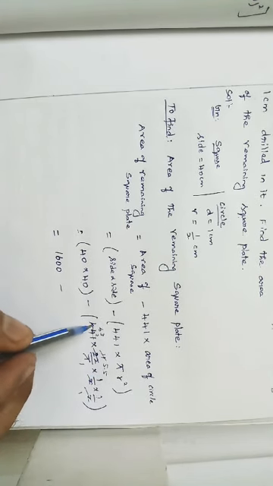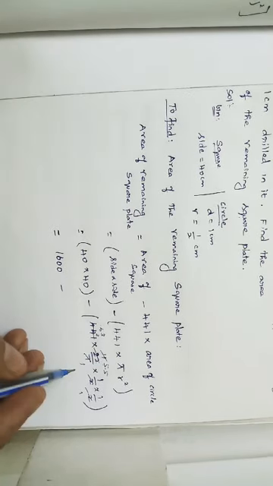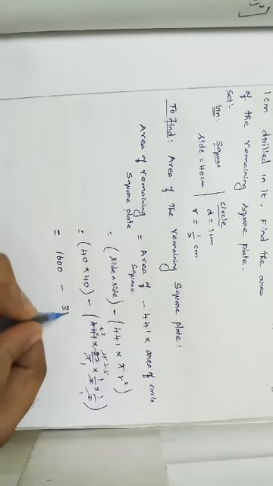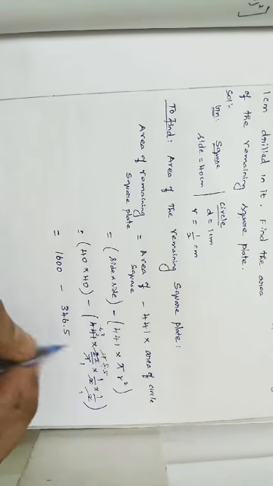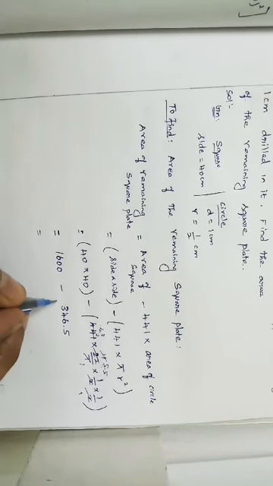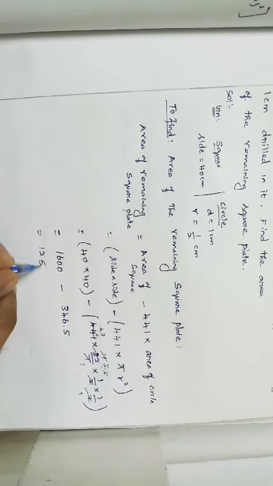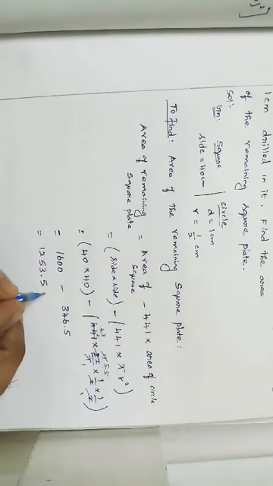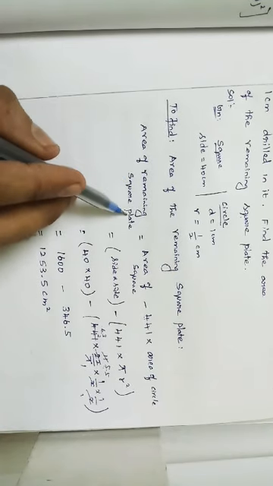So 63 into 5.5 is equal to 346.5. While we are subtracting 1600 minus 346.5, 1253.5 centimeter square.